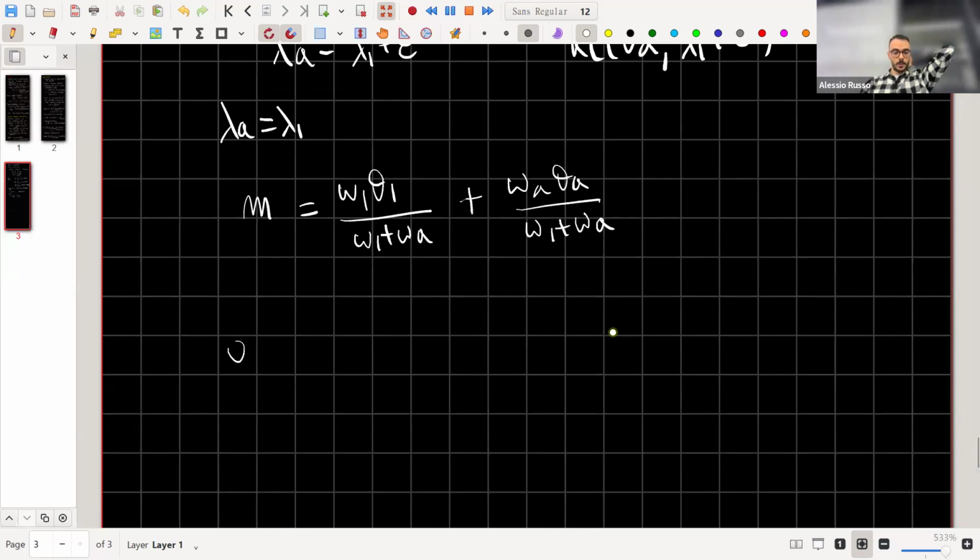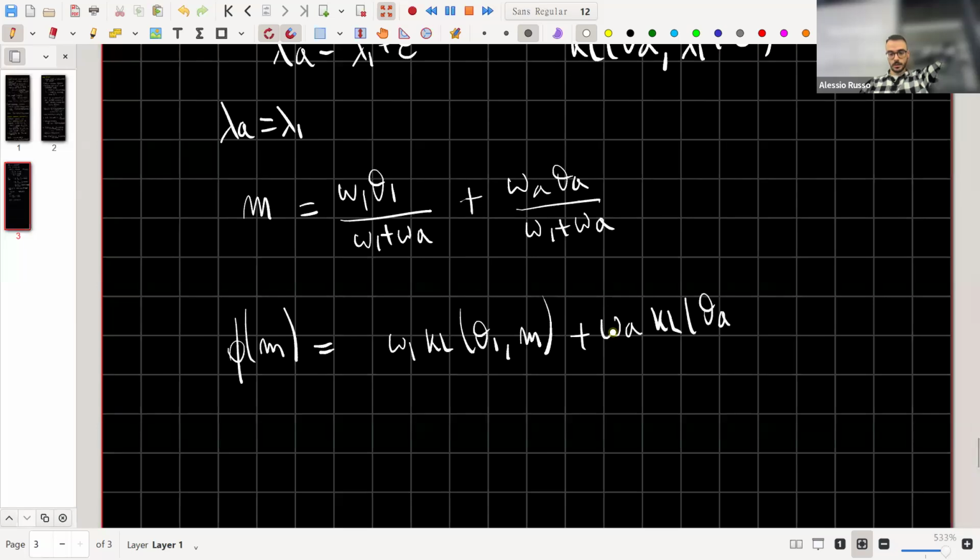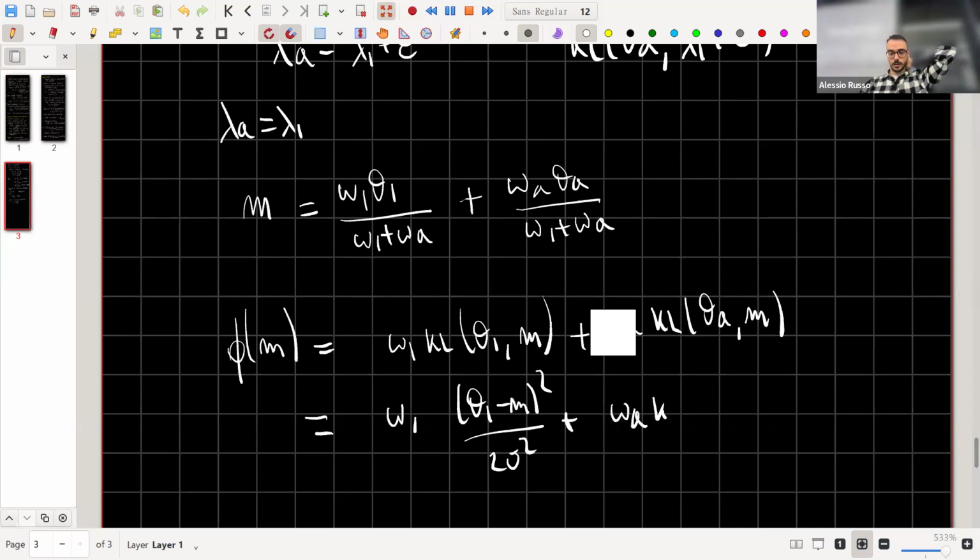We know that the optimal point is the same; we call it M. Now just take the derivative and use the fact that it's a Gaussian. So the KL of the Gaussian is simply theta 1 minus M squared divided by 2 sigma squared, and here the same, theta A minus M squared divided by 2 sigma squared.